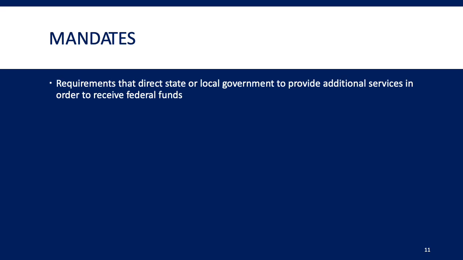Next on our agenda is mandates. Okay, so we're going to be talking about mandates. These are requirements that state or local governments need to follow to receive money and federal funds, right?